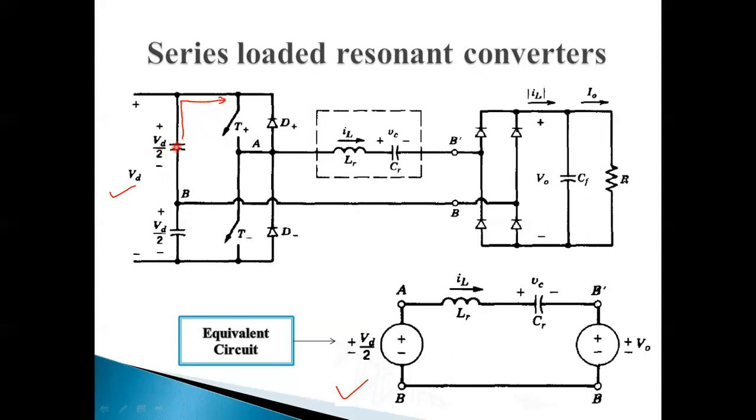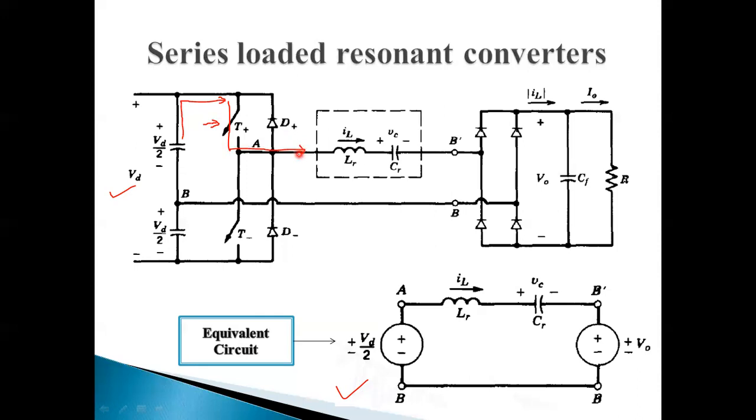After that, if you give the base or control signal to T plus, then current flows through T plus, and from point A it will further flow through the tank circuit.